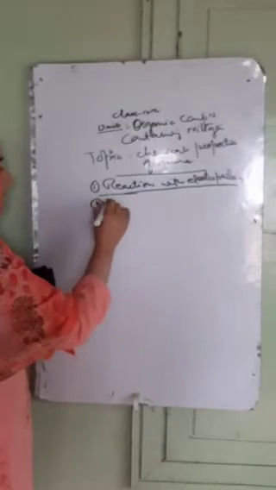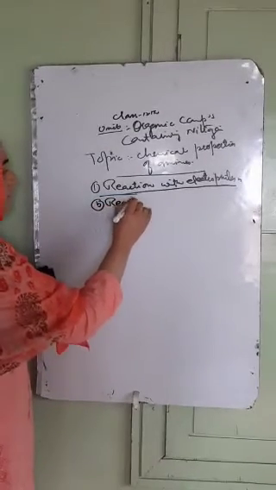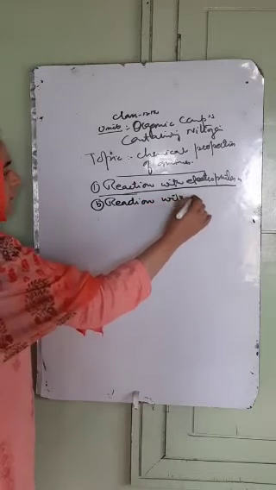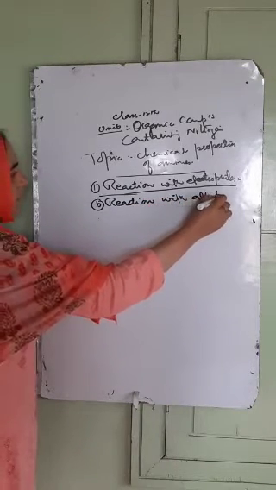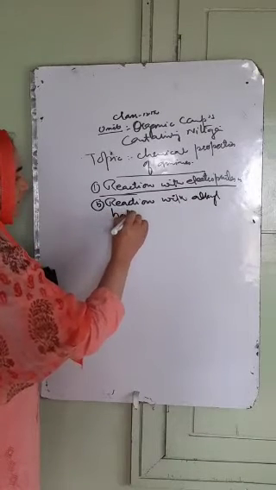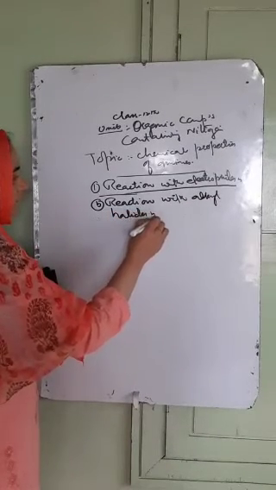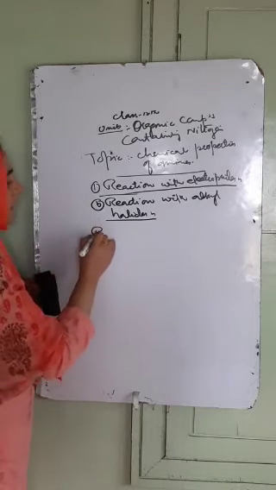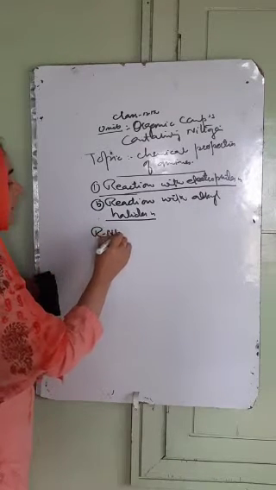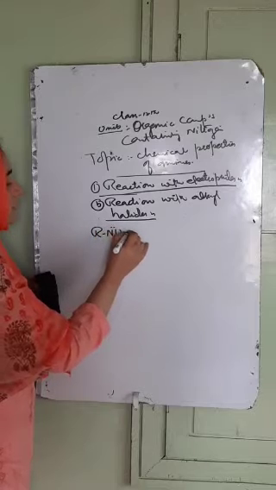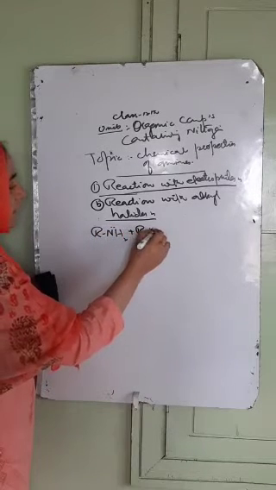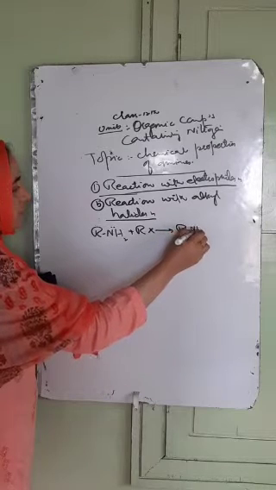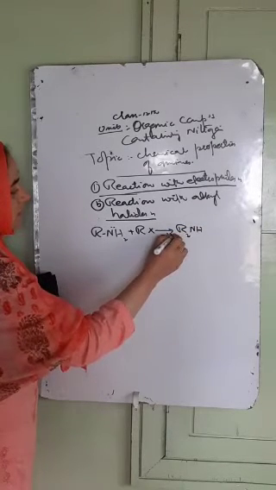Reaction with alkyl halides, प्राइमरी अमाइन है हमारे पास. It reacts with alkyl halide RX and gives a secondary amine as R2NH minus HX.